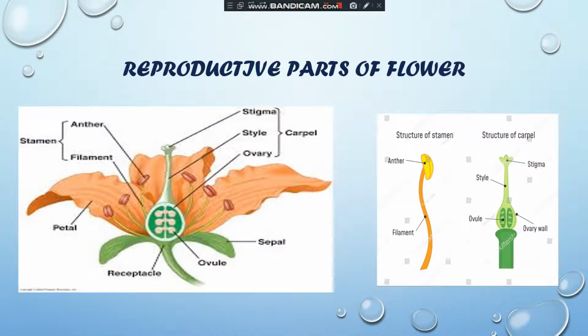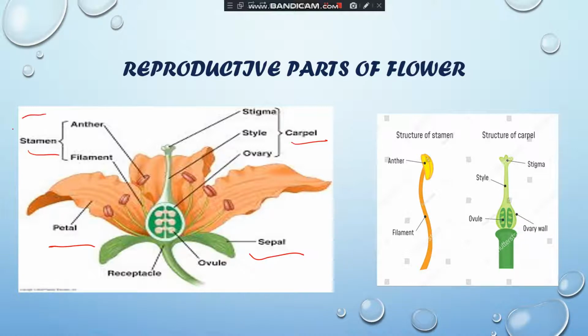Now, in the last class I explained that the flower is the reproductive part of the plant. The flower has the main parts: sepal, petal, stamen and carpel. Sepal is the outermost part of the flower and petal is the most attractive part of the flower.